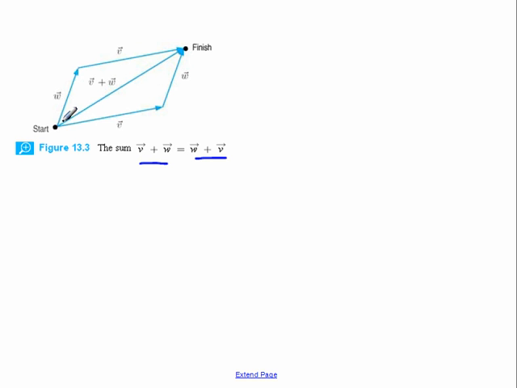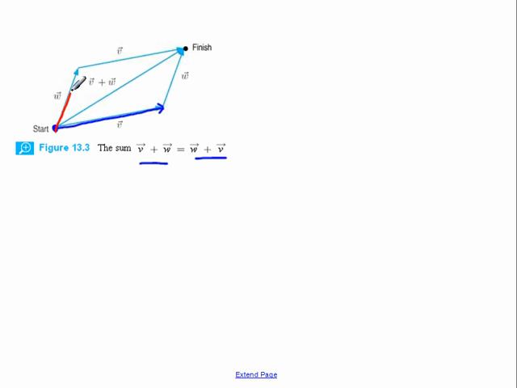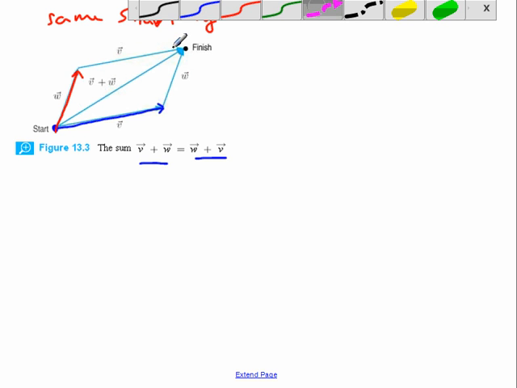The first way that we have written here, if we're adding v plus w or w plus v, doesn't matter, you have your starting point and you draw out vector v, which goes in the direction of v and has the correct magnitude. And then from the same starting point, you draw out vector w. If we're doing the method where we have the same starting point, then we construct a parallelogram.